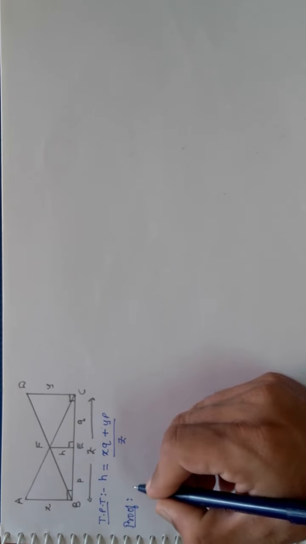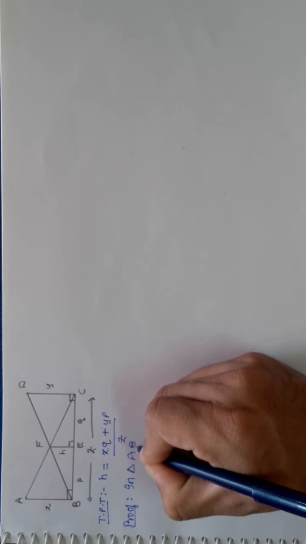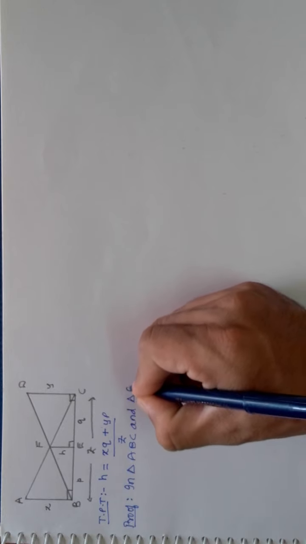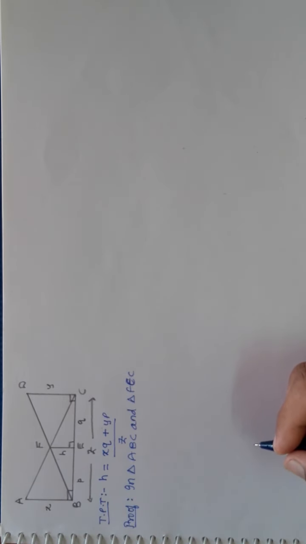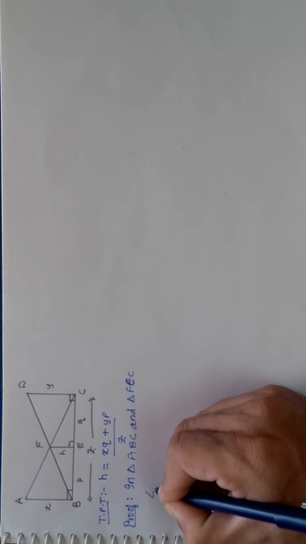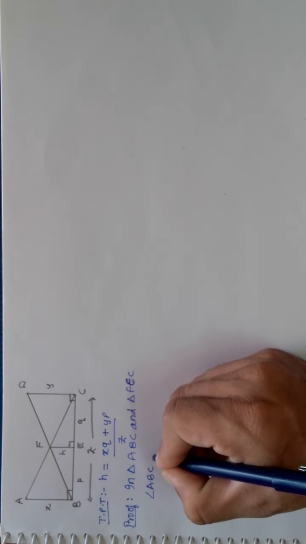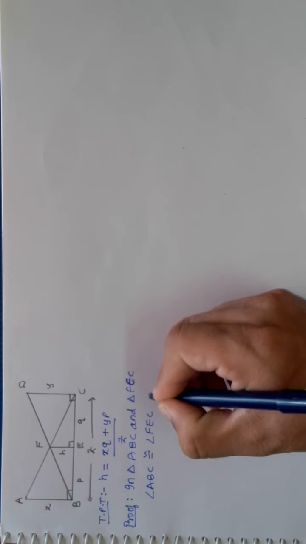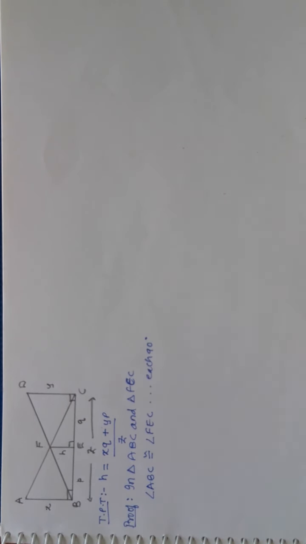That is, I will say here, in triangle ABC and triangle FEC, I have angle ABC congruent to angle FEC, each measuring 90 degrees.